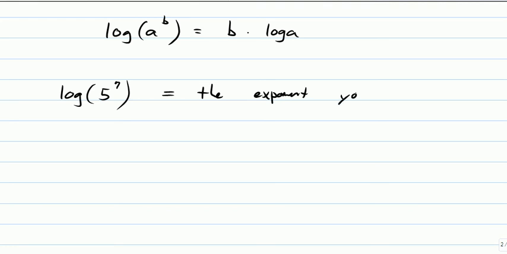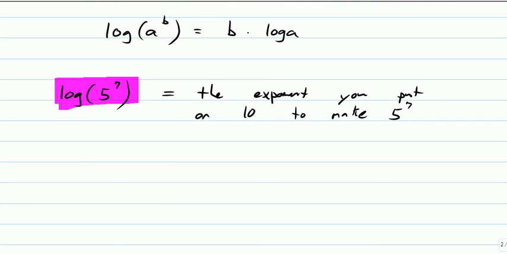So that is this thing in purple. That is the exponent I put on 10 to make 5 to the 7th.